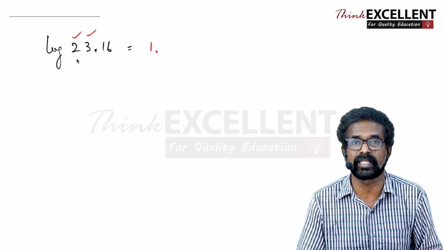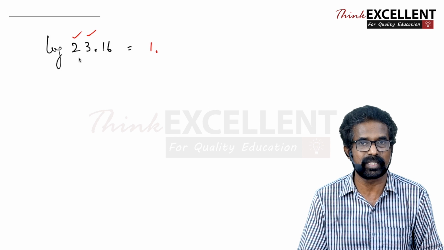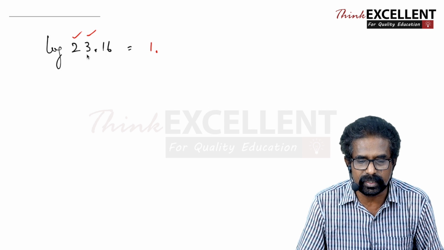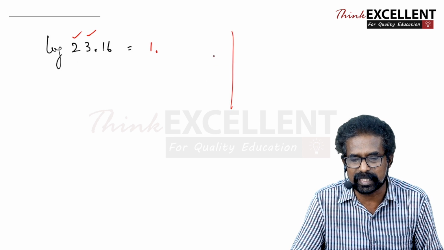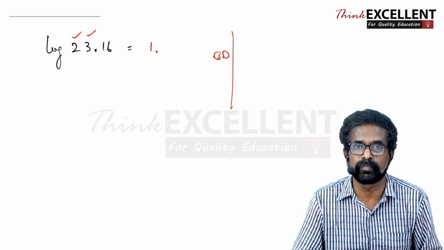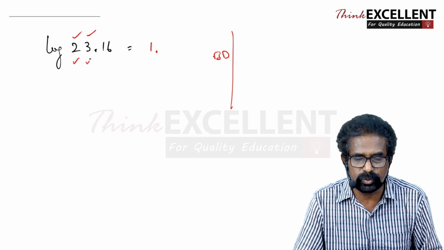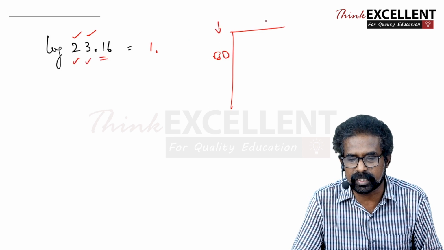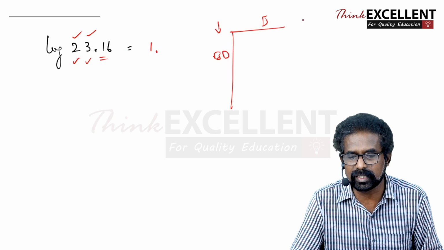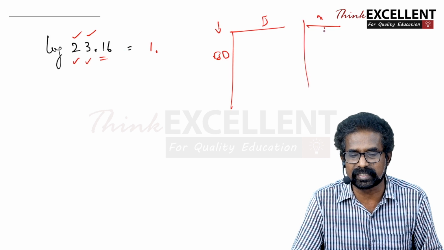To find the mantissa, you have to make use of the log table. Please listen. 2316. In the log table, there are 2-digit numbers. For the first 2 digits you look at the left end, for the third digit you look at the top, and for the fourth digit you use the mean difference given.